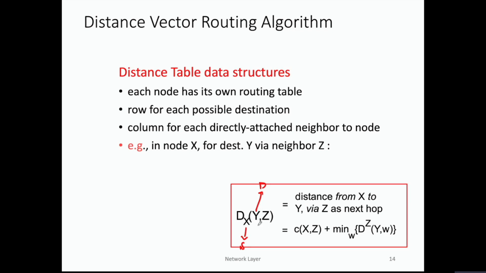So we have modified this representation or this notation, where now it is written as the cost to reach from x to y via z, right? So this is the distance from x to y, where x is the source, y is the destination, via z as next hop, meaning z is the neighbor in this case, right? So this z is the neighbor.